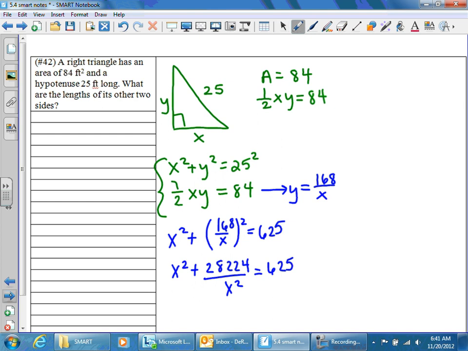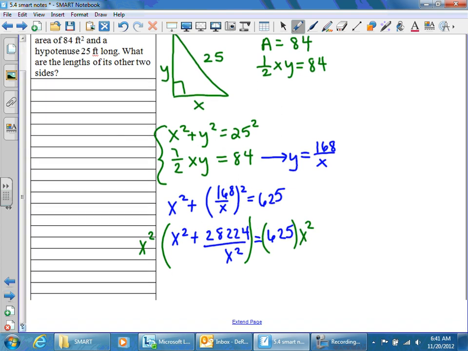So I'm going to multiply both sides to get rid of the denominator by the LCD, which is x squared. Now I'm going to set it equal to 0. Let's put it in standard form as I do that.